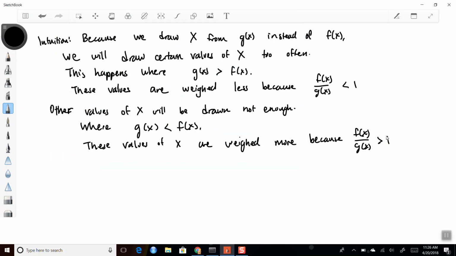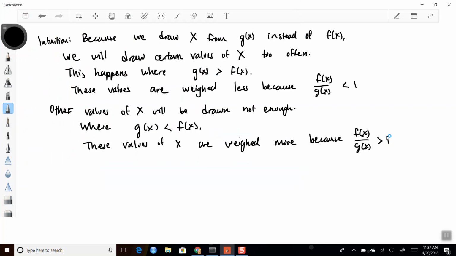If they're vastly different, according to this, in the long run, it works out. But in the short run, even after like 10,000, 100,000, even 1 million samples, what you've drawn may not represent what it is that you're looking for.